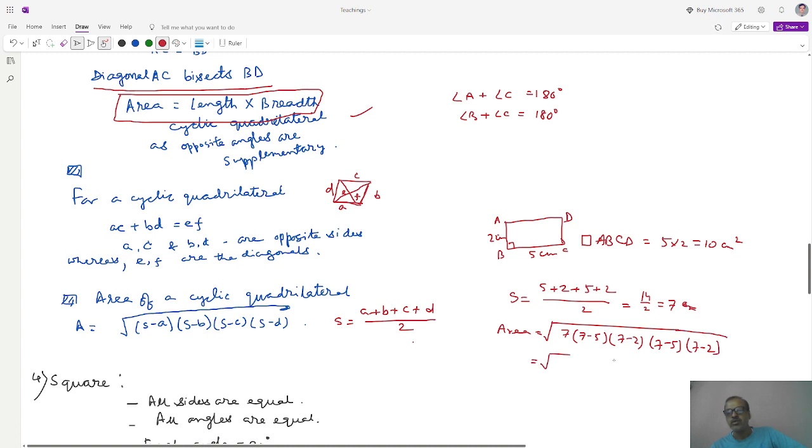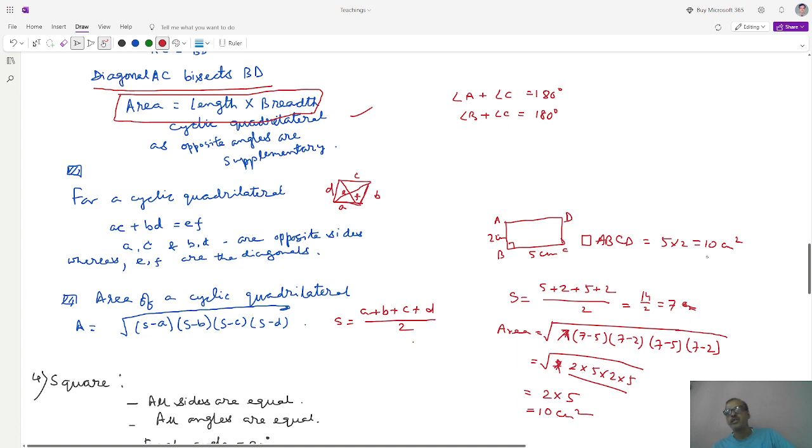Sorry, this 7 will not come according to the formula. So it will come 2 into 5 into 2 into 5. The square root of this equals 2 into 5 equals 10 square centimeters.